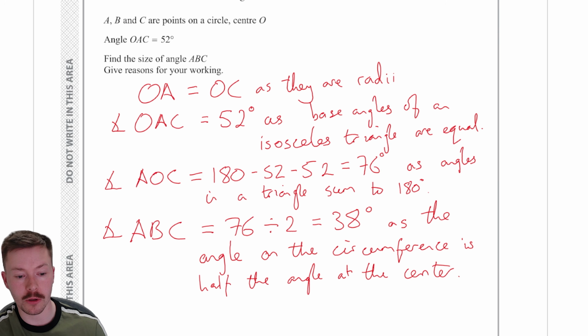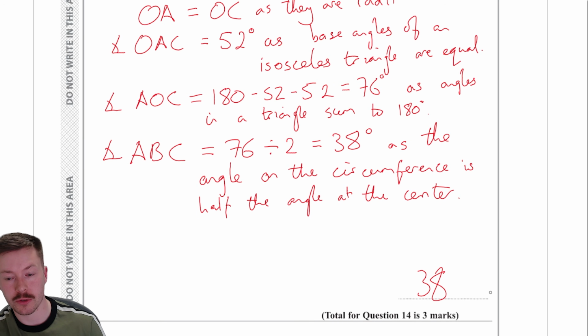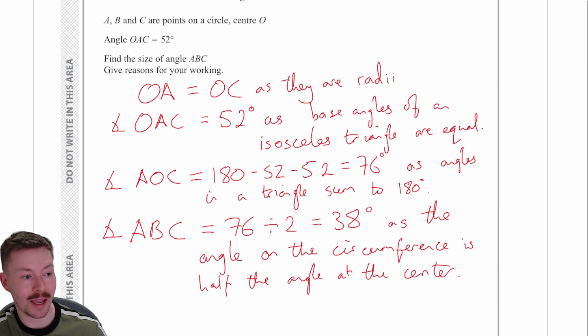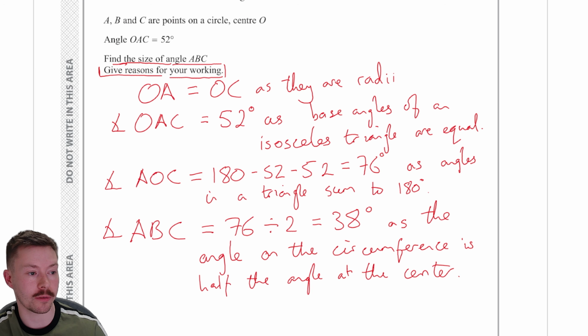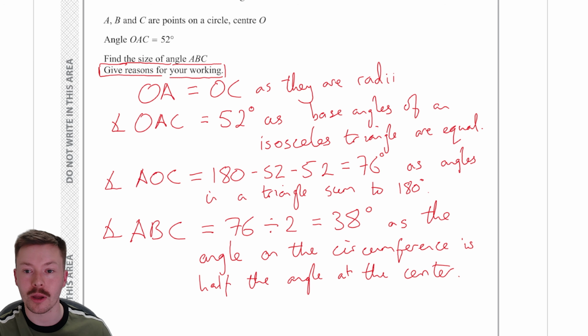Okay, so our answer is 38 degrees, but as it says, we need to give reasons for our working. So we need to explain every single little thing that we do. We don't want to miss anything out, because to get full marks you need to have everything written down and explained.